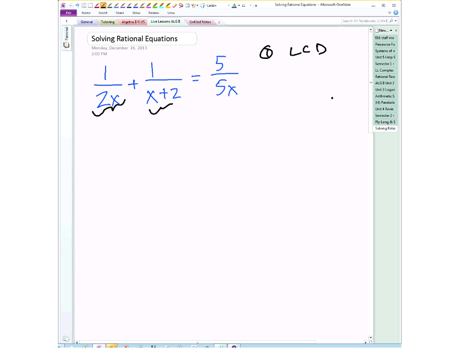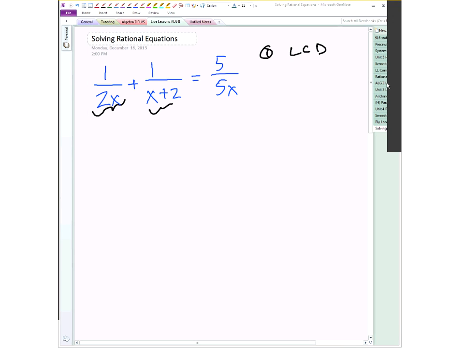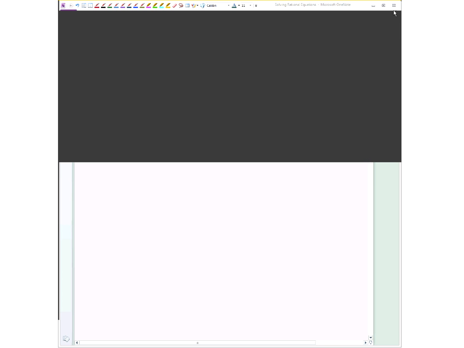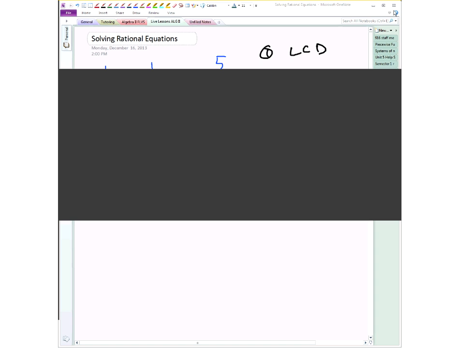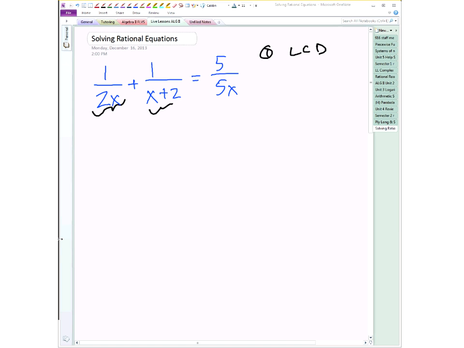So let me open the chat and see if anybody can tell me. I'm just curious, anybody tell me what the common denominator is here? A lot of you are very close.